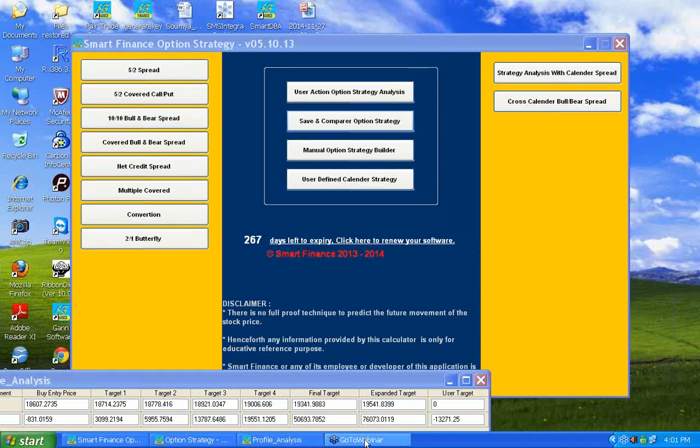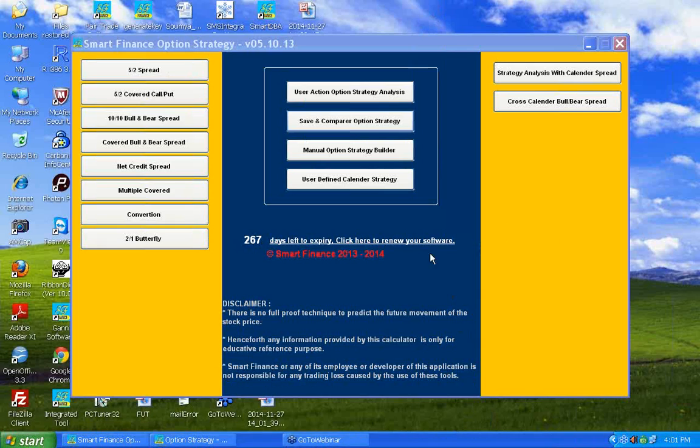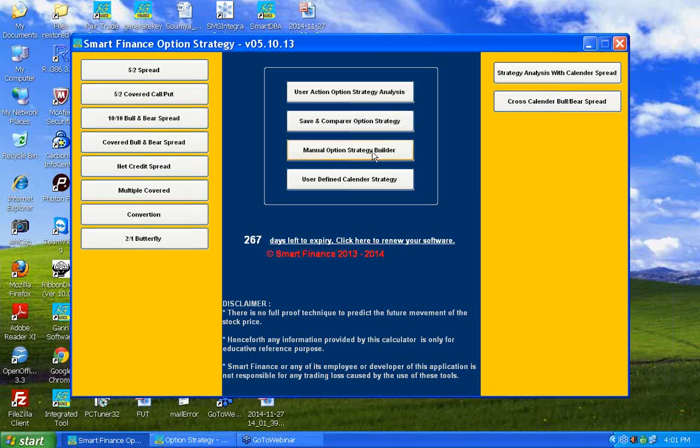This save and compare feature lets you form a strategy, save it, and after every day sequence you can recheck and balance your Greeks accordingly.